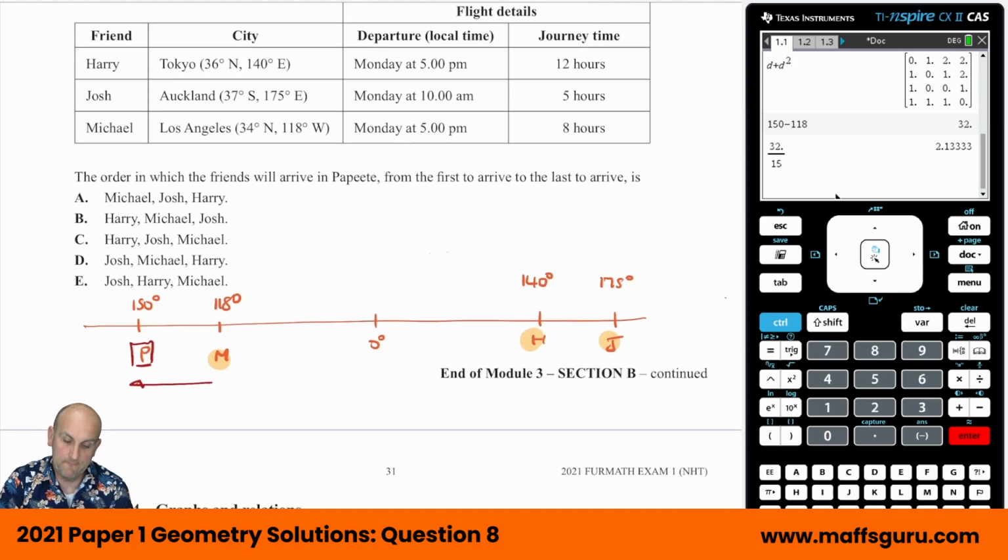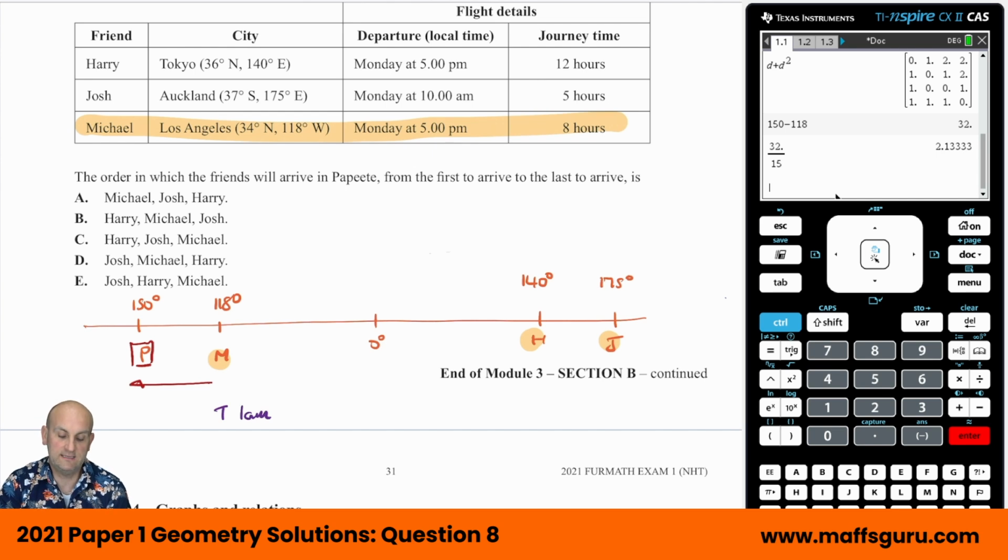So if I look at Michael, and I'm going to highlight it because this did my head in earlier, he's leaving Monday at 5 p.m. His flight time is 8 hours. So if we look at his local time, Monday at 5 p.m., 5, 6, 7, 8, 9, 10, 11, 12, 1 a.m. So his local time would be Tuesday at 1 a.m. But he's then got to knock off the 2 hours he's gone backwards in time.